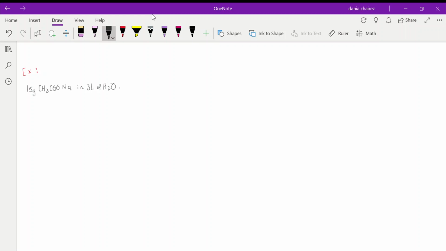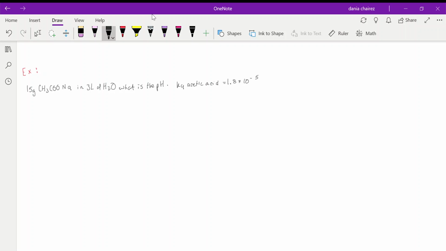So we're going to find what is the pH, and Ka for acetic acid is equal to 1.8 times 10 to the negative 5.